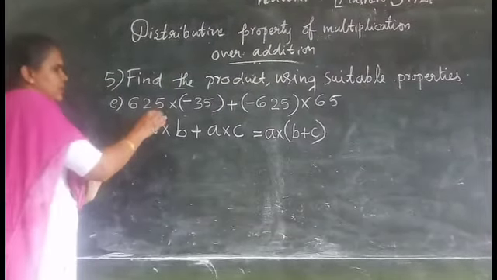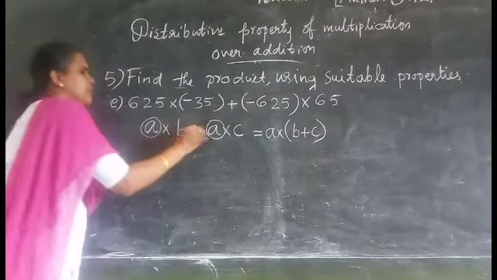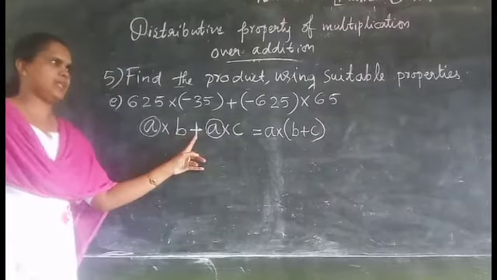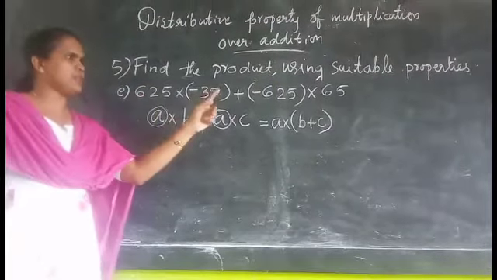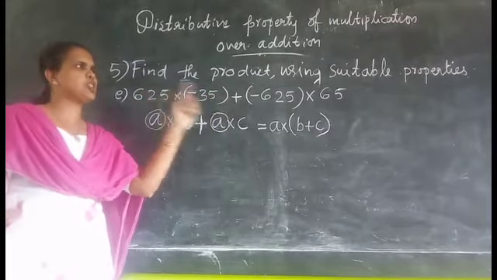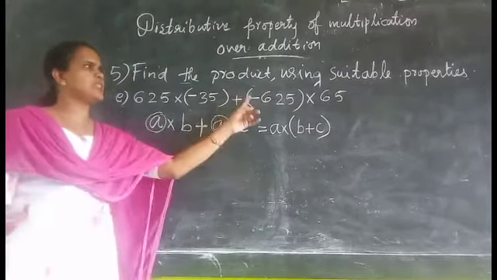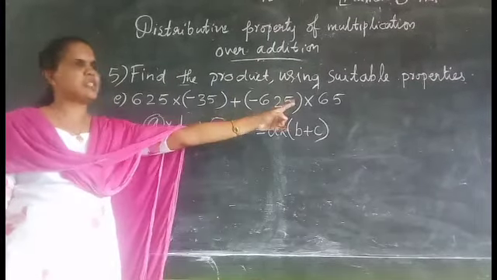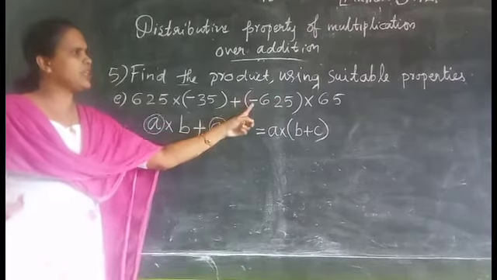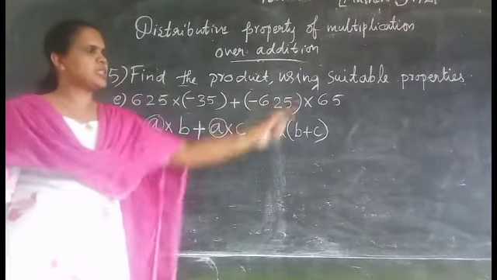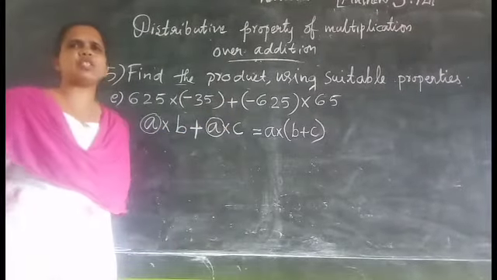Here A is common on both sides of the plus. In the question also 625 is there, but one is positive, the other is negative. So you can change this negative to 625. This negative is changed to 65 because we want to get positive 625.